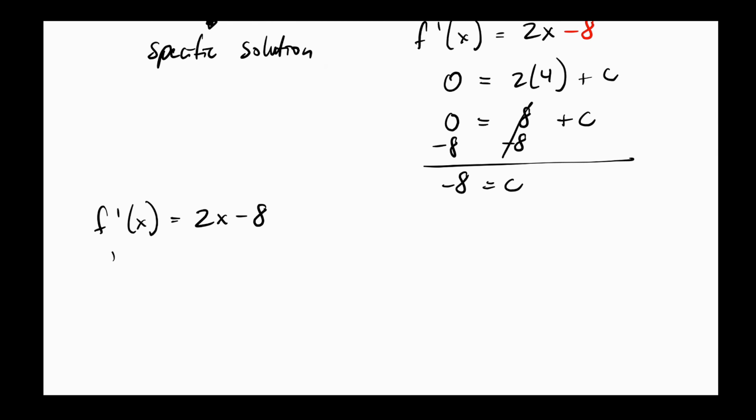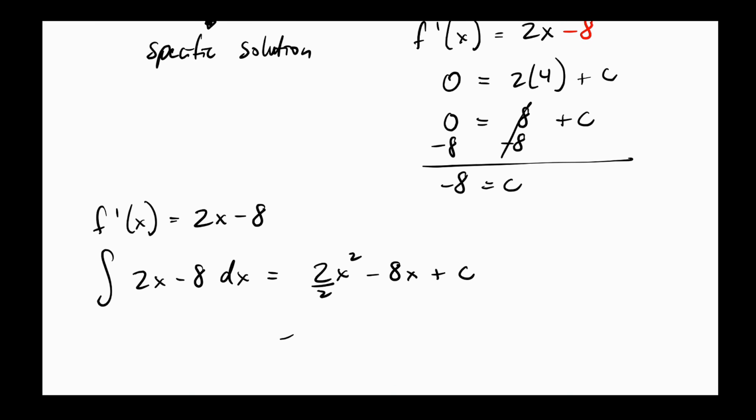Okay, so antiderivative, 2x minus 8 dx. I'm going to do the same thing again. 2x squared divided by 2 minus 8x plus c. So f of x is x squared minus 8x plus c.